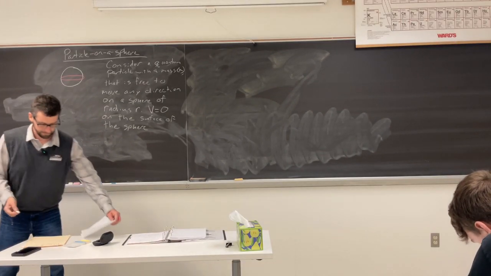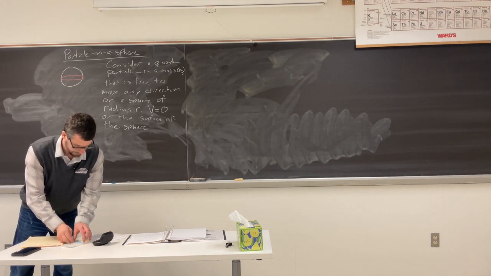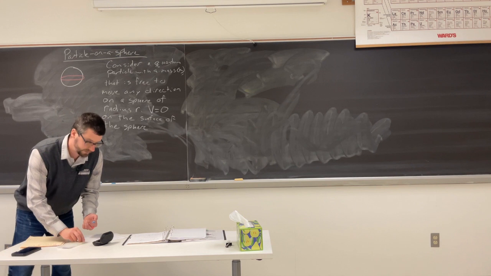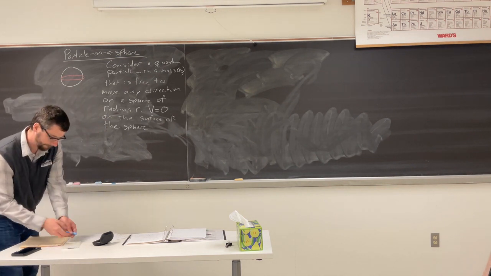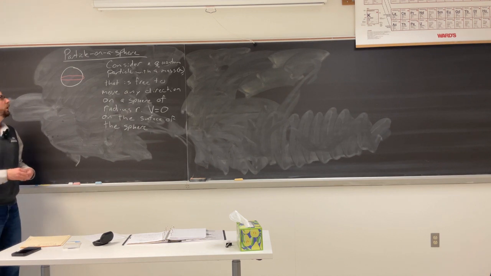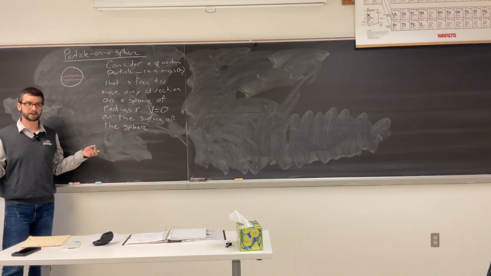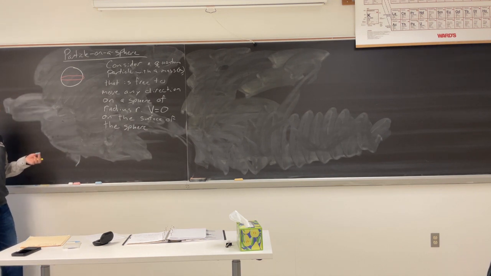Okay. I need 3 colors. What variables do we need to describe this thing? We could do it in Cartesian coordinates. So what symbols do we generally use for Cartesian coordinates?